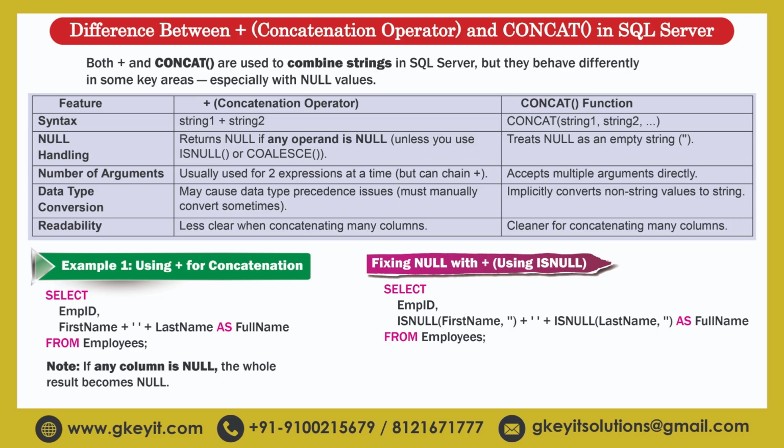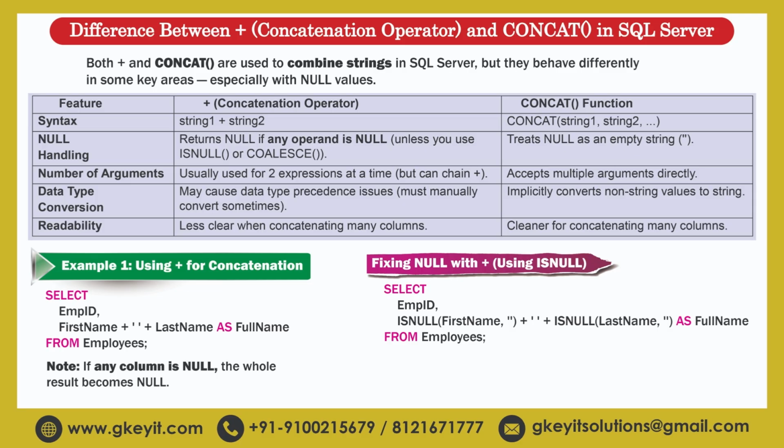Coming to data type conversion, the operator may cause a data type precedence issue and sometimes you must convert manually, whereas the concat function implicitly converts non-string values into strings. Coming to readability, the operator is less clear when concatenating many columns, whereas the concat function is clearer.